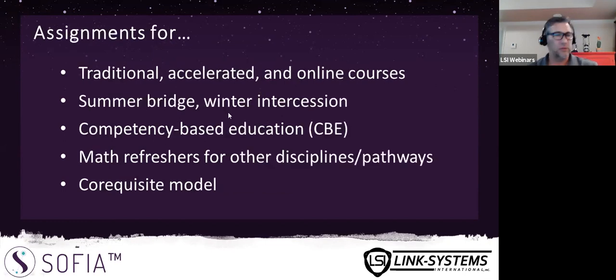So some traditional uses of Sophia is just a traditional math homework and assignment tool. Accelerated courses, online courses, winter and summer bridge or intersessions for winter, math refreshers, and it's perfect for co-requisite models.